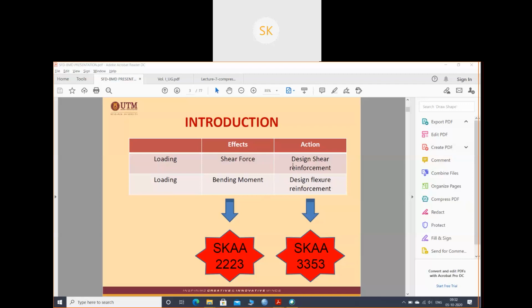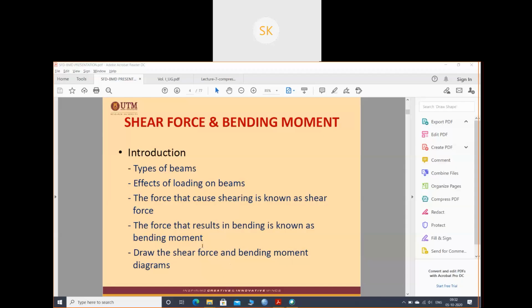You will come to this part in the junior sir's class. First we'll discuss types of beams, then effects of loading on beams. The force that causes shearing is known as shear force, and the force that results in bending is known as bending moment. Then we'll see how to draw shear force and bending moment diagrams.